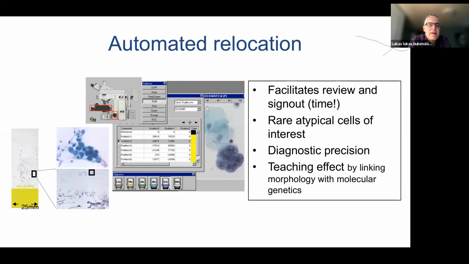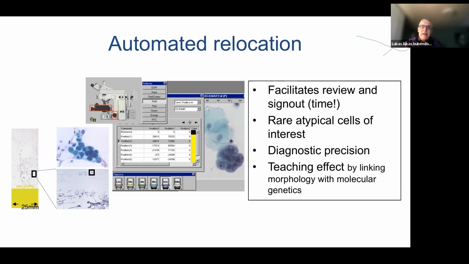So it's really much more rewarding having automated relocation with an automated stage, and first relocate your cells, identify, save the coordinates of the cells, remove the cover slip to do the FISH, and go back to the very cells. And then you really know what you want to know. And you limit the possibility of looking at the wrong cells. So this facilitates review and the sign-out time, of course.